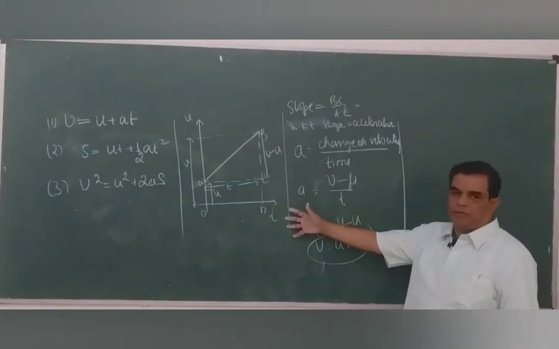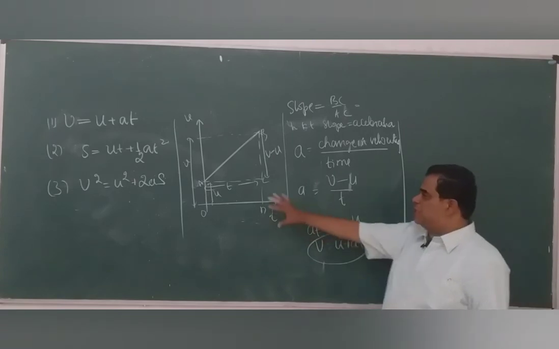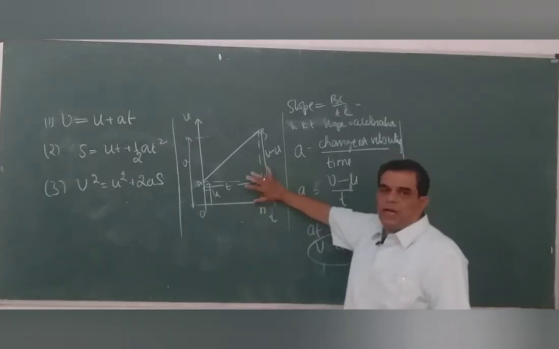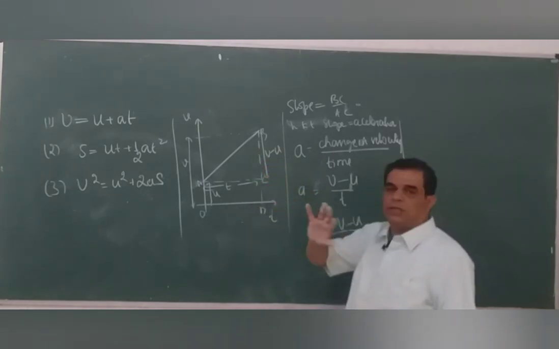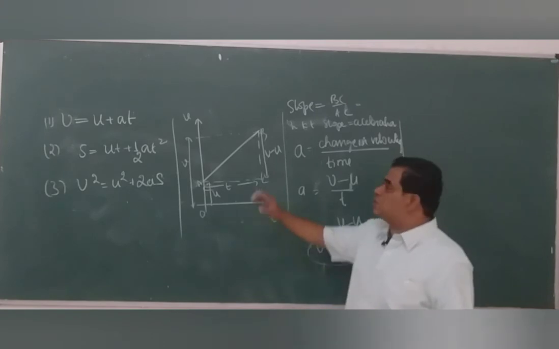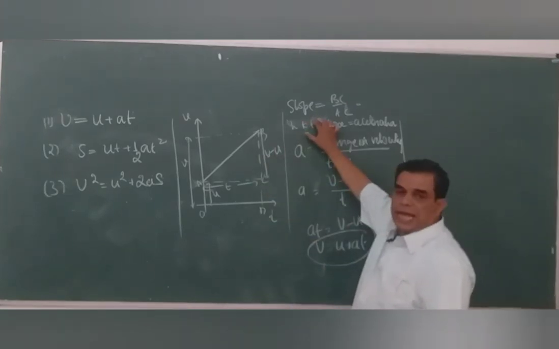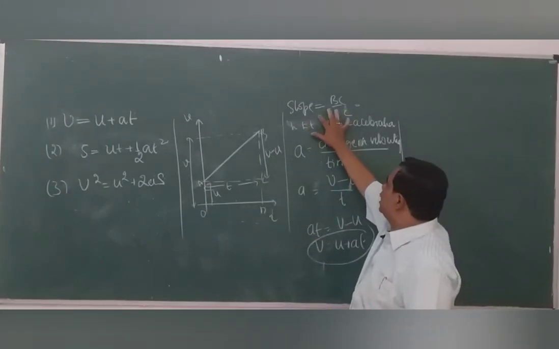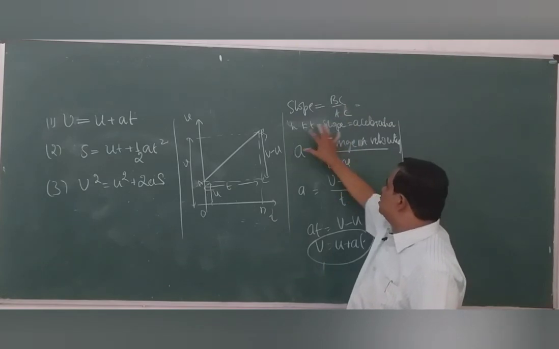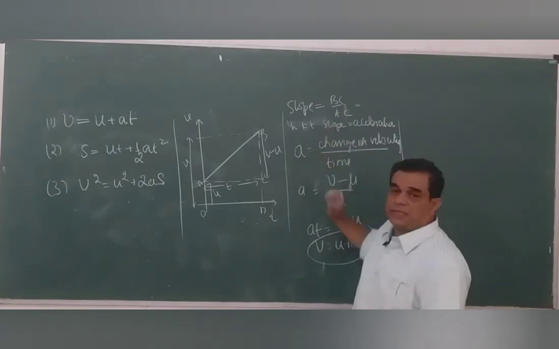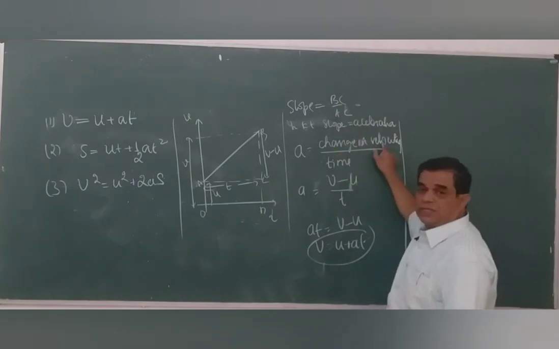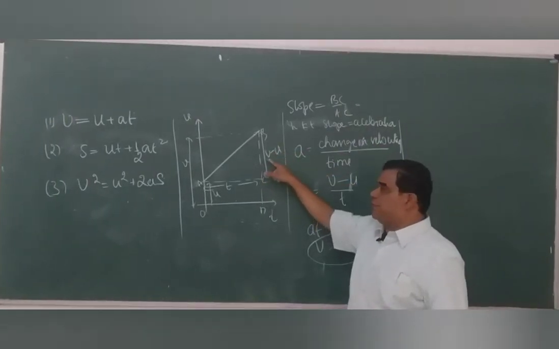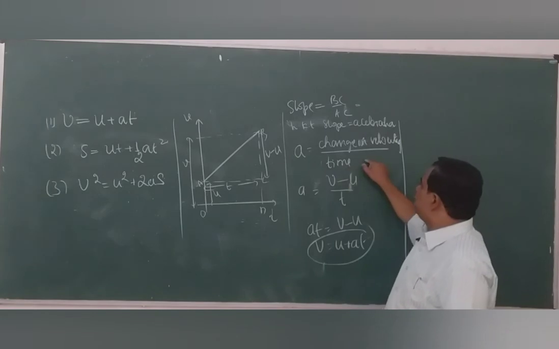Before that we go for it once again. We considered a graph of an object starting with initial velocity moving with uniform acceleration like this, and we know that the slope of a VT graph gives acceleration. For that I have taken slope BC by AC. So this slope is nothing but acceleration, and according to this, BC is change in velocity, because here it is V minus U, and AC is time taken.